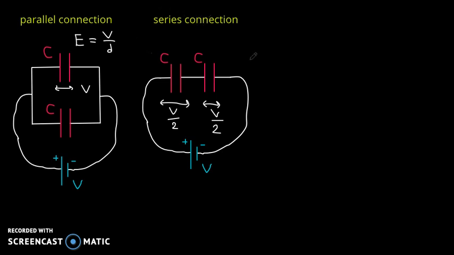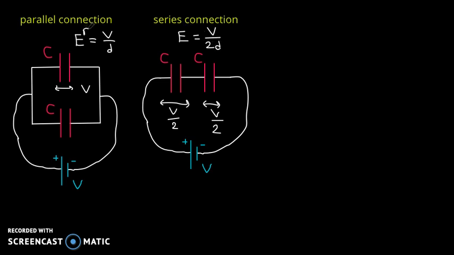In the series case, on the other hand, the potential difference across each capacitor is V over 2, so then we get electric field magnitude equals V over 2 divided by d. So that makes V divided by 2d. So we have half as much electric field strength here.